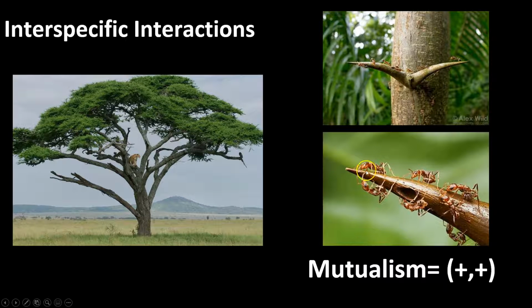The reason the ants are here and the tree likes the ants is that if these bugs or small animals come on, the little ants will come out of these spikes and attack them to help protect the tree further. So the ants get a place to live and a place to farm, and the tree gets these little ants to help protect it. So there's that mutualistic win-win benefit.